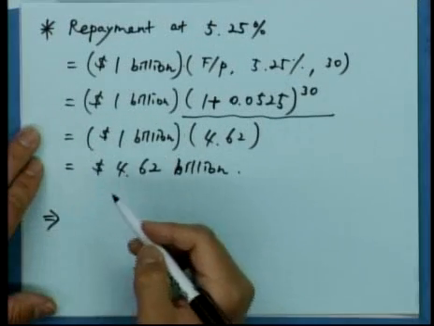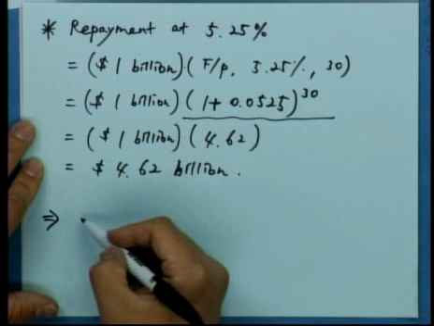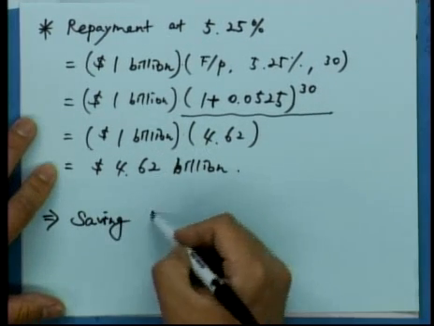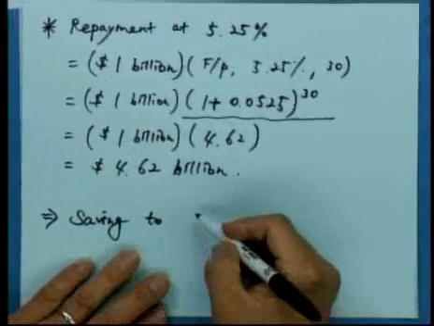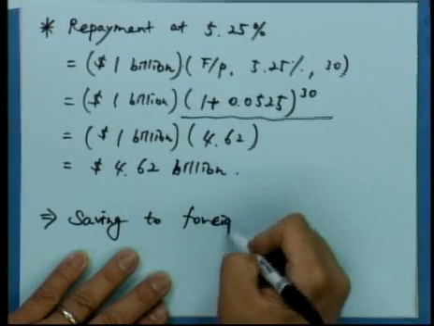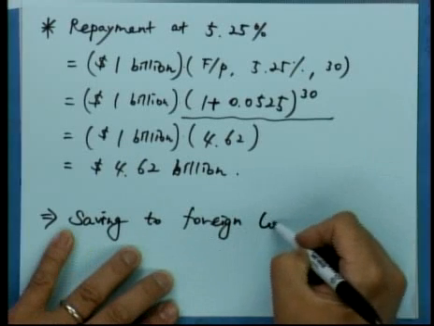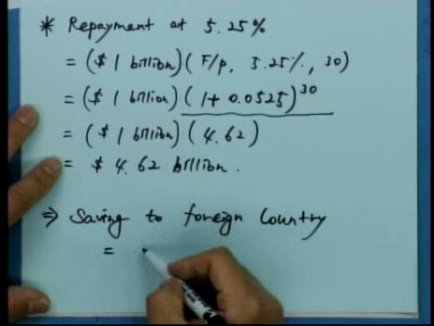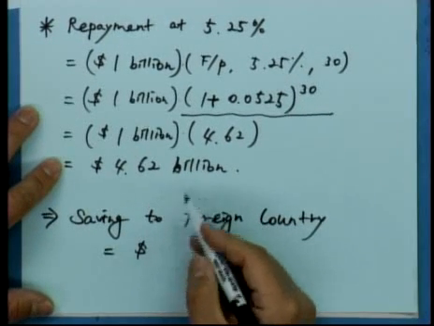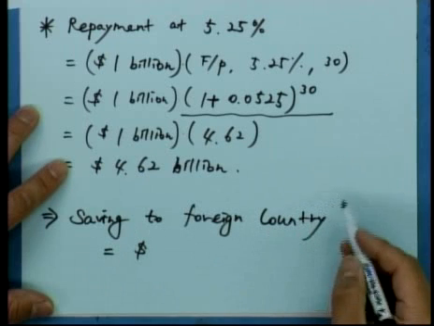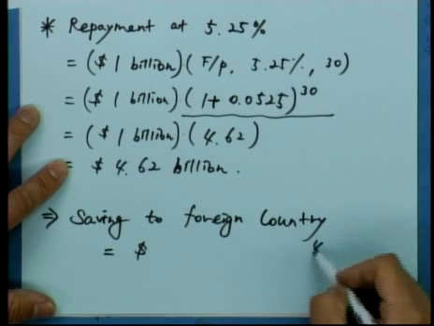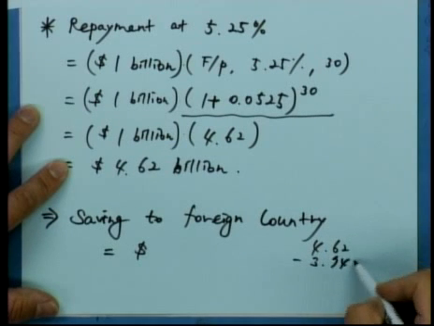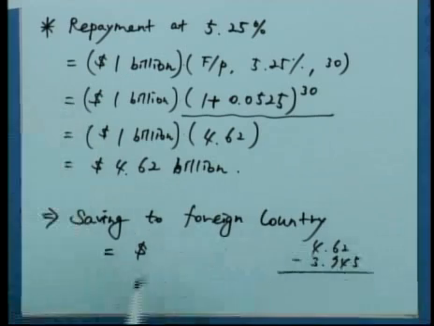So by comparing these two values, you can say that the savings to foreign country would be $4.62 minus 3.745. How much is that?